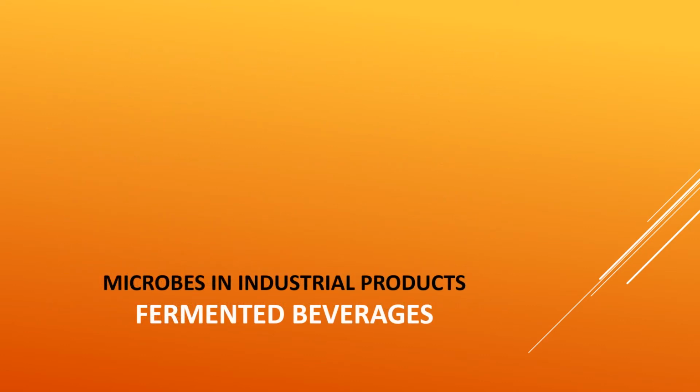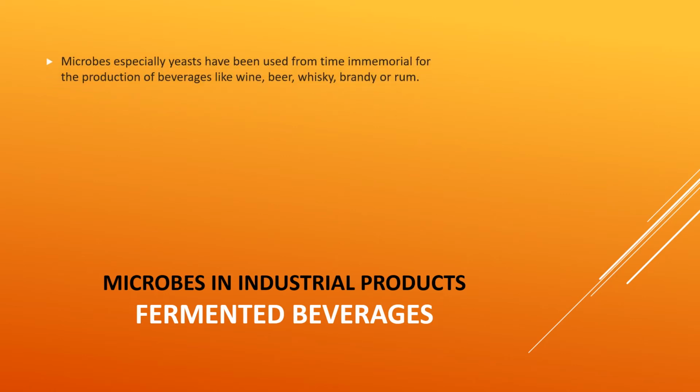Let's look into some of the uses of microbes in industries. Microbes are used to synthesize a number of products valuable for human beings. Beverages and antibiotics are some examples. Microbes, especially yeast, have been used from time immemorial for the production of beverages like wine, beer, whiskey, brandy, or rum.